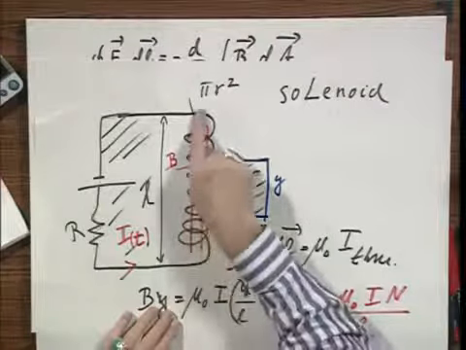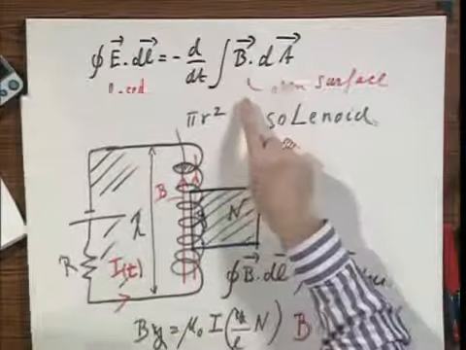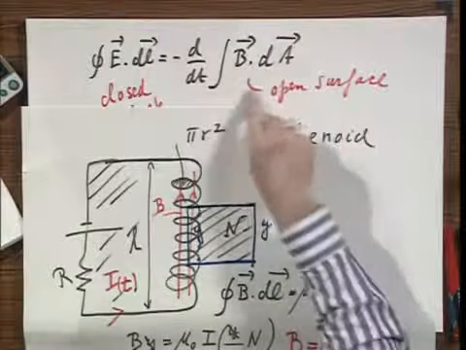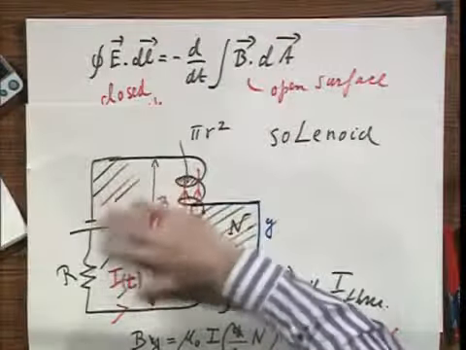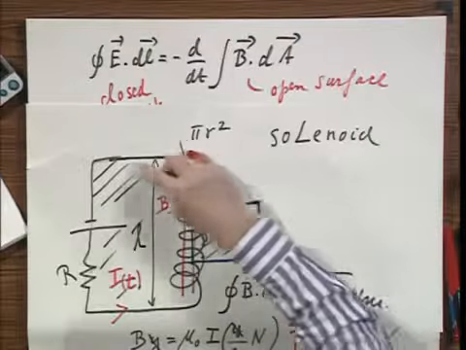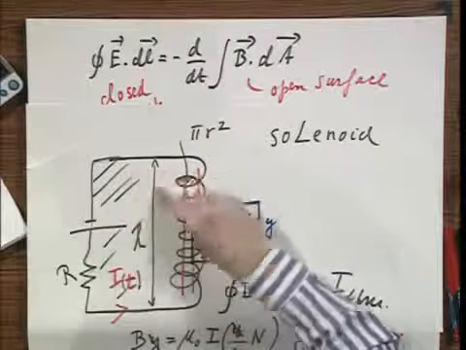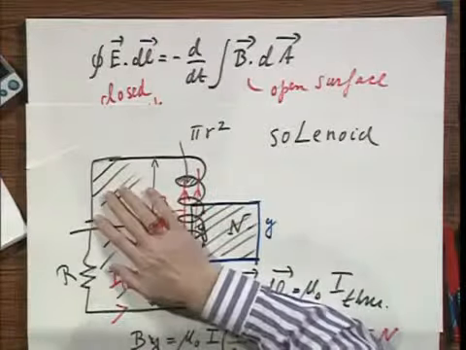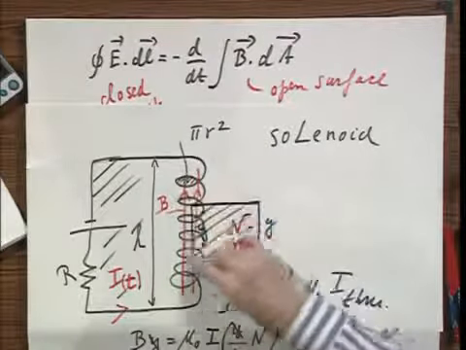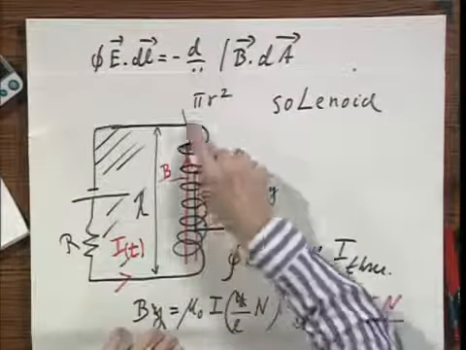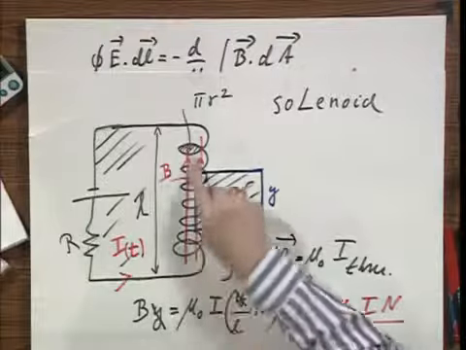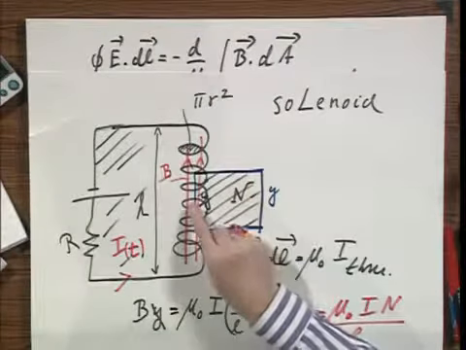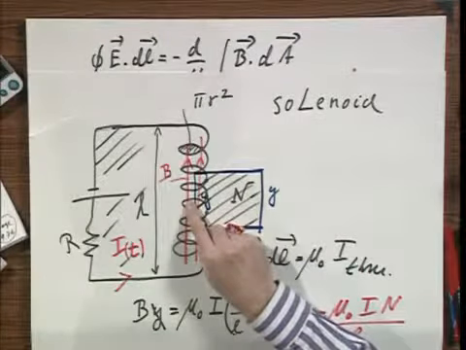When I calculate this term, the magnetic field, I will assume that even though there is a current flowing here, the magnetic flux going through this film is almost negligible, but here the magnetic field is very strong. I now have to take into account that this magnetic field goes n times through this open surface.